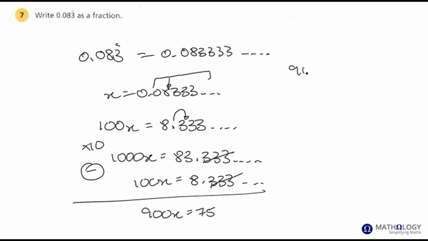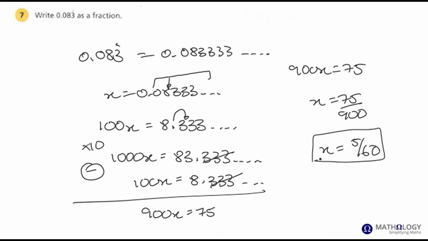So 900x equals 75. X equals 75 over 900. 15 can go into both 75 and 900. So x equals 5 over 60. 5 over 60 as a decimal number is 0.083.